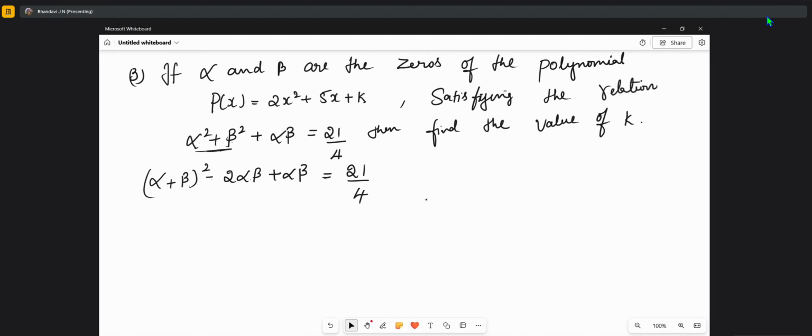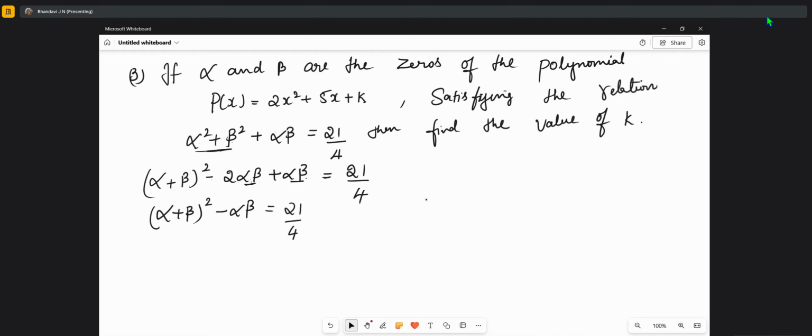Now alpha plus beta whole square minus 2 alpha beta plus alpha beta. See, you have the same variable, same power, so you can do addition and subtraction here. Minus 2 plus 1 will be minus 1, so minus alpha into beta. That is equal to 21 by 4. Hope this you understood, everyone.